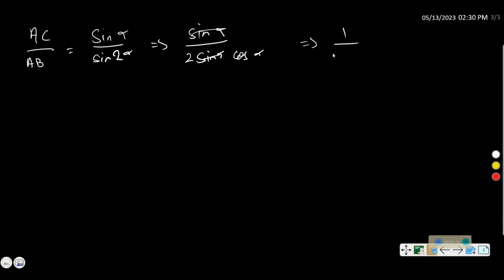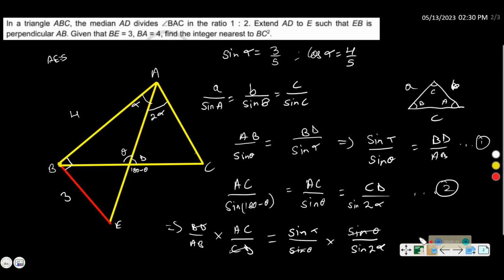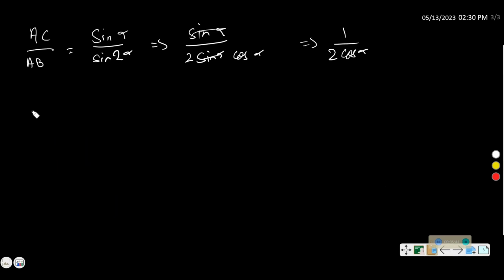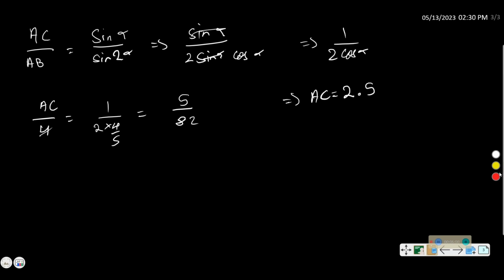This is 1 by 2 cos alpha. Now we have been given the value of AB. See in the diagram, AB is 4, and also cos alpha equals 4 by 5. So we can say that AC by 4 equals 1 by 2 times 4 by 5. This can be written as 5 by 8. So we can say that AC equals 2.5.